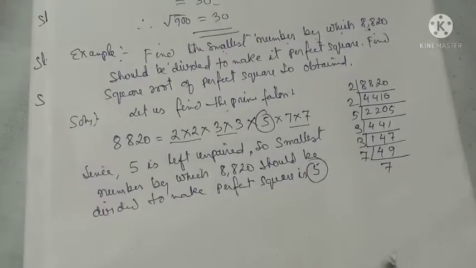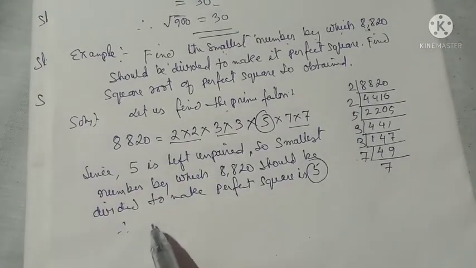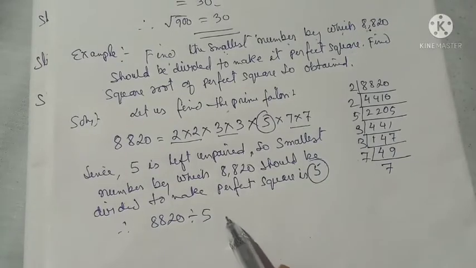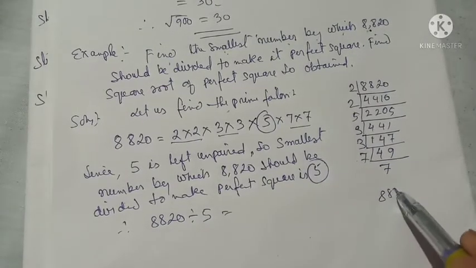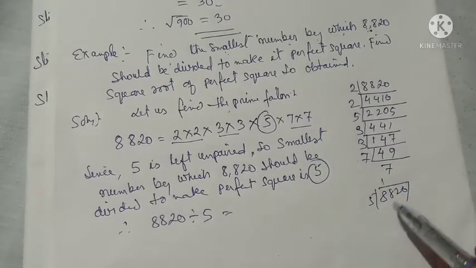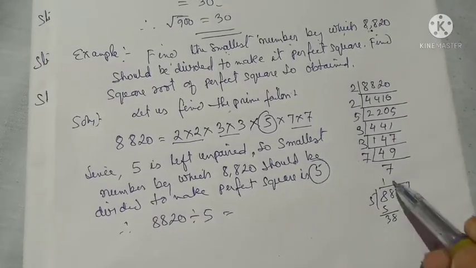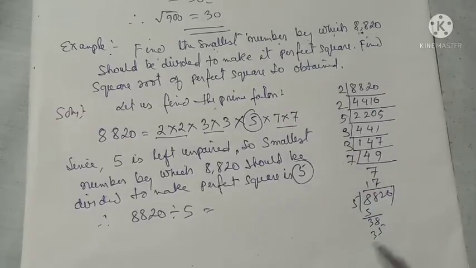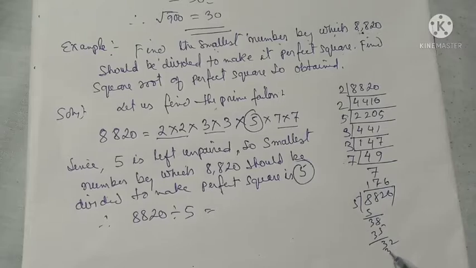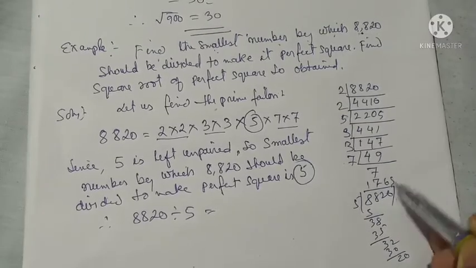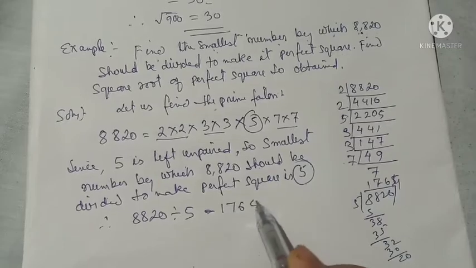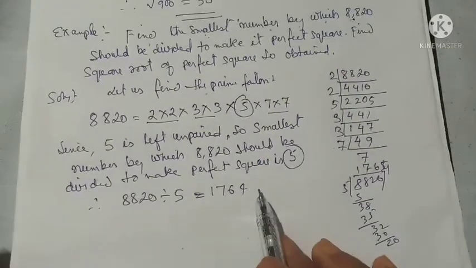So let's see. If 8820 is divided by 5, what is the answer? If you divide 8820 by 5, you will get 1764 as the quotient.